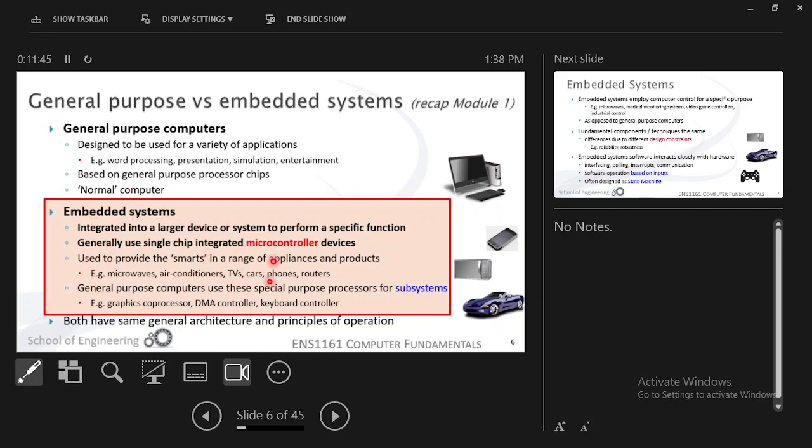Then we have embedded systems. What are these embedded systems? Basically, embedded systems are integrated into a larger device or system to perform a specific function. They generally use single chip integrated microcontroller devices.